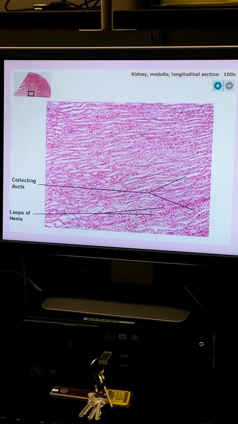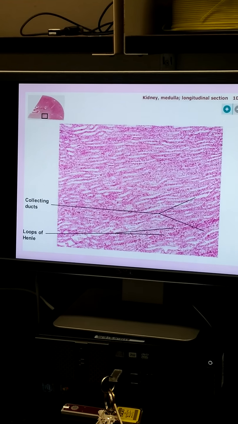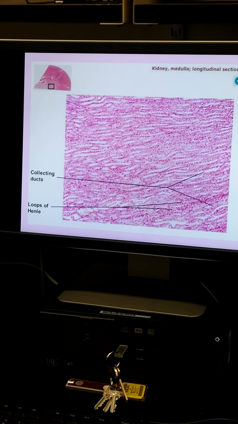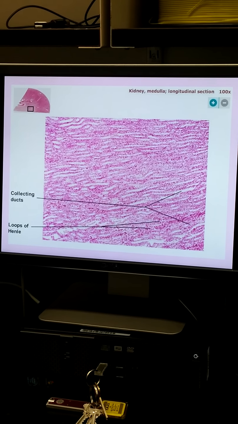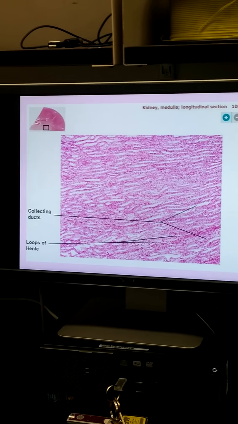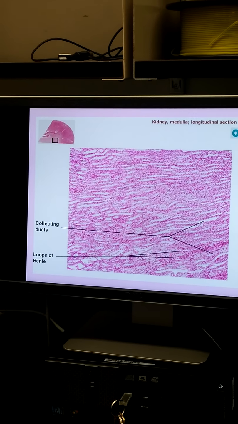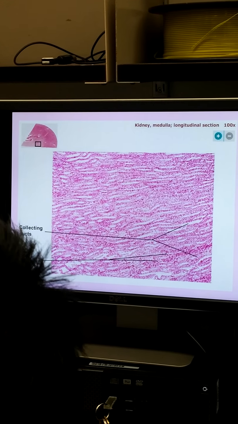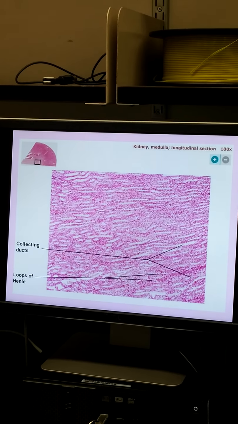You're getting closer. What do we have present around the loops of Henle? When I drew it on the board, especially the loops of Henle going down to the juxtamedullary nephrons, what do they have? Think. The capillaries? Capillaries. It took a long time to get there.